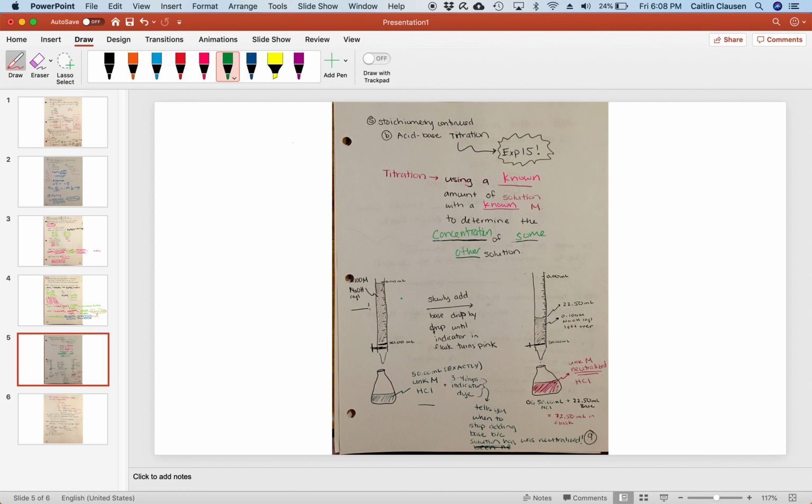So in order to figure this out in lab, you would set up a system that would look something like this. You'd have an Erlenmeyer flask that would have an exact volume of your unknown molarity, in this case, acid solution. And in a burette, you would have a base with a known molarity.